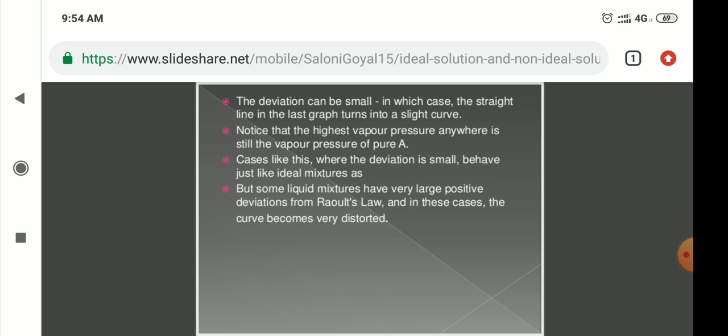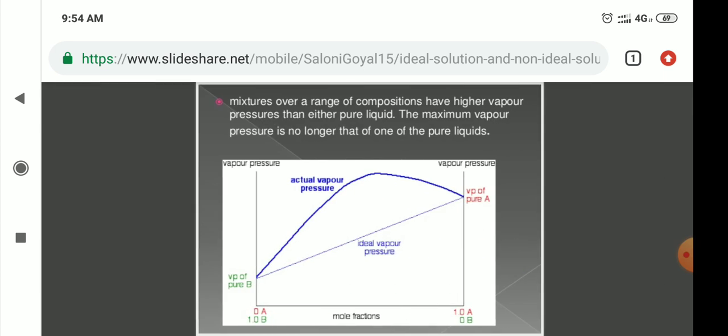But some liquid mixtures have very large positive deviation from Raoult's law, and in these cases the curve becomes very distorted. The mixture over a range of composition has a higher vapor pressure than either pure liquid, so the maximum vapor pressure is no longer that of one of the pure liquids.